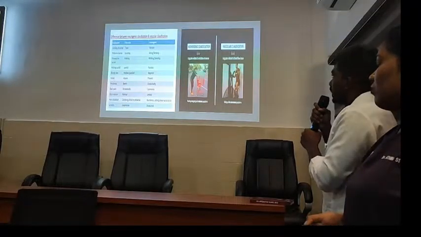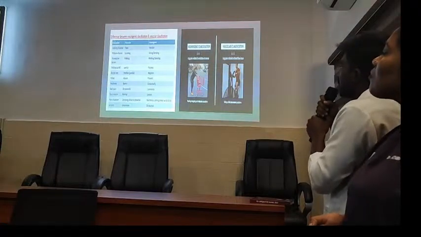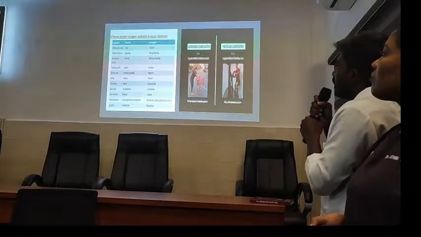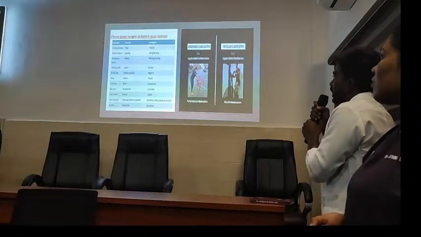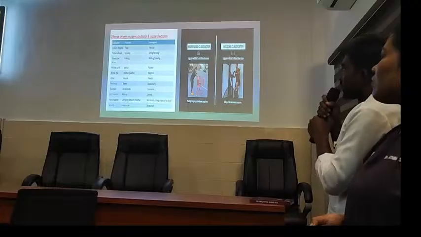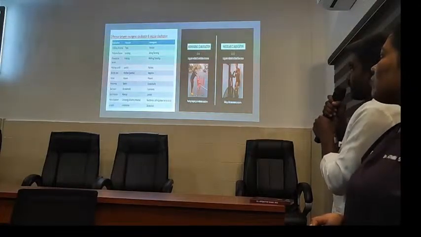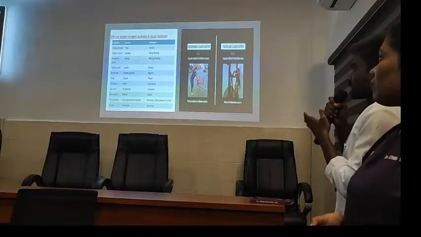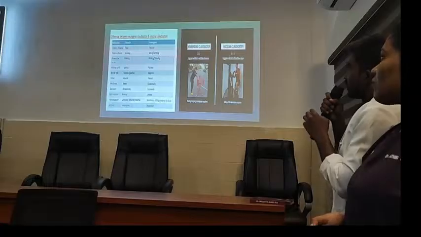So here are the features. In vascular claudication, walking distance will be fixed. In neurogenic, it will be variable. Palliative factor: standing. On standing the pain relieves in vascular claudication, and on sitting or bending the pain relieves in neurogenic. On standing the pain increases in neurogenic, and on sitting the pain relieves.